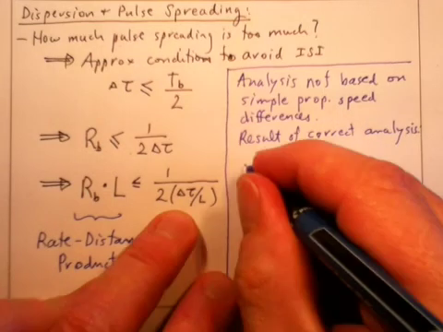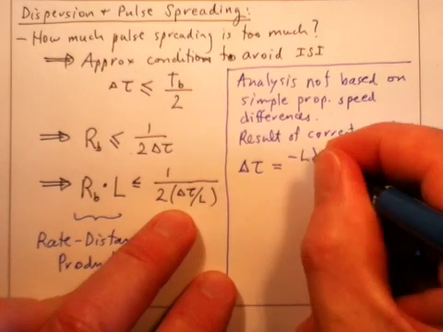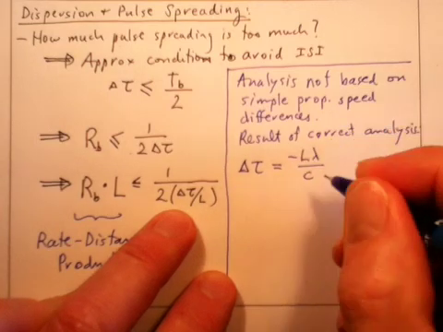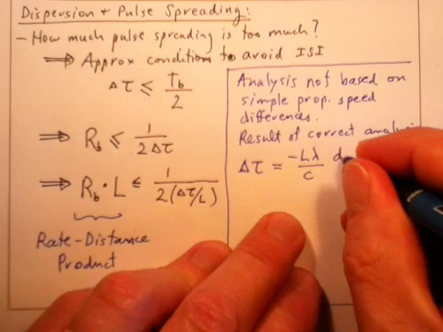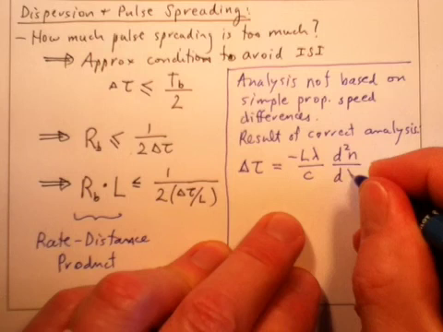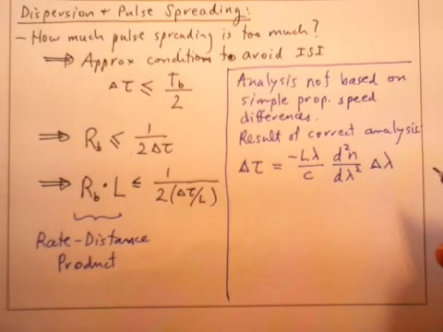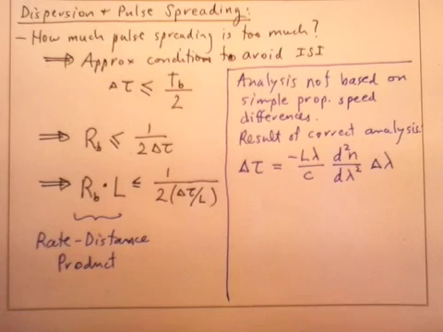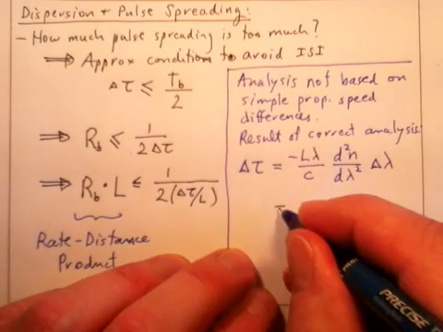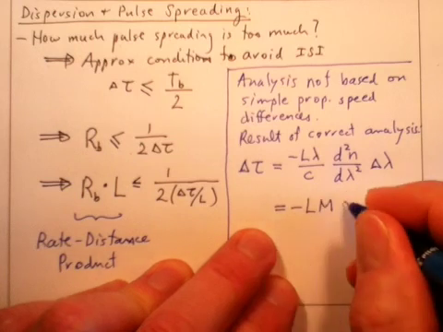It shows us that delta tau is equal to minus L lambda over c, times the second derivative of the refractive index with respect to lambda, times delta lambda. Okay, so we've got a lot of quantities here, and we're going to simplify this by writing it as minus L M delta lambda.